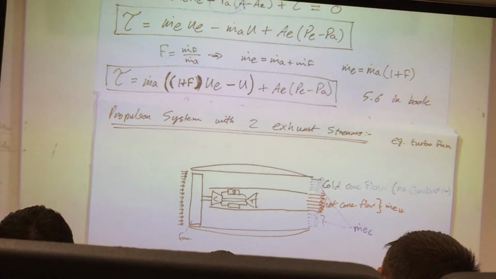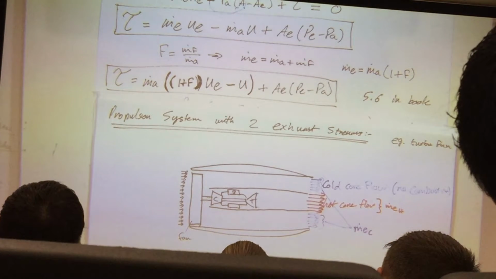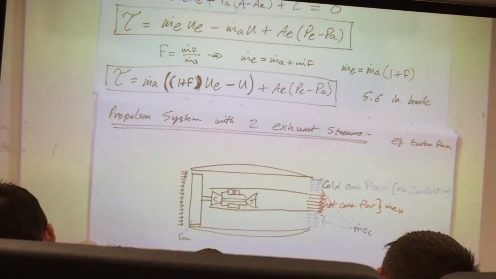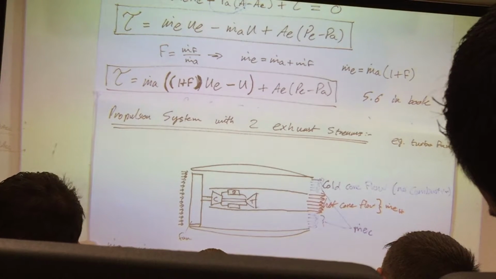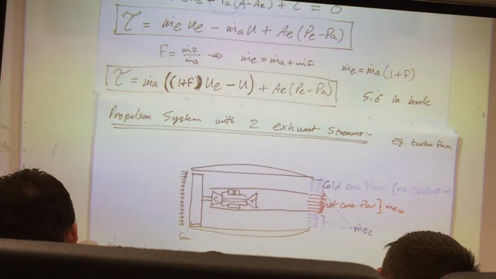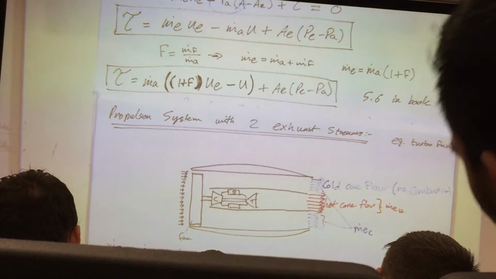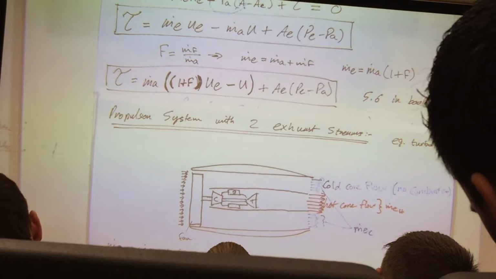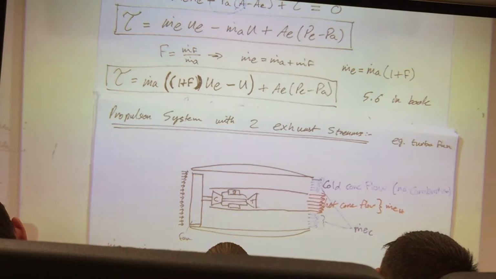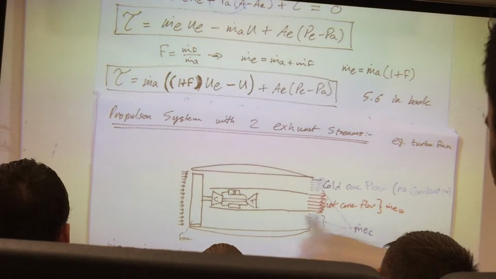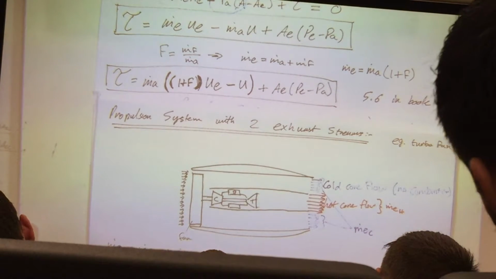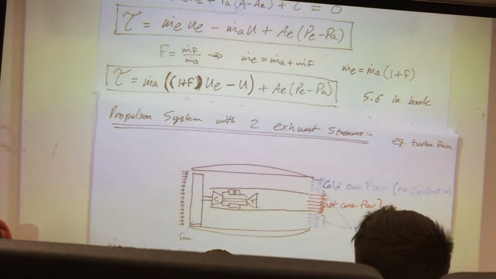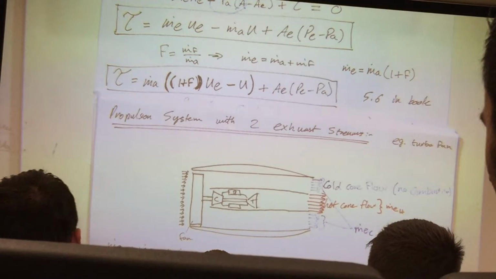Okay? So I could say m dot exit is equal to m dot exit hot plus m dot exit cold. And in terms of momentum in general, I could just say u exit times m dot exit is equal to my u exit hot, because the velocity of the hot is different, multiplied by m dot exit hot, plus u exit cold multiplied by m dot exit cold.